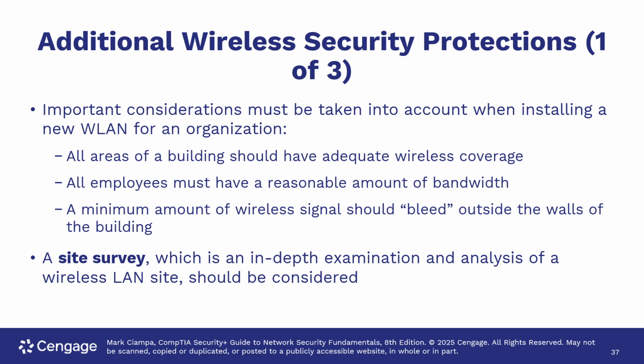A minimum amount of wireless signal should bleed outside the walls of the building. That way you know that you're covering all the way up to the wall itself. This is where a site survey, which is an in-depth examination and analysis of a wireless LAN site, should be considered.